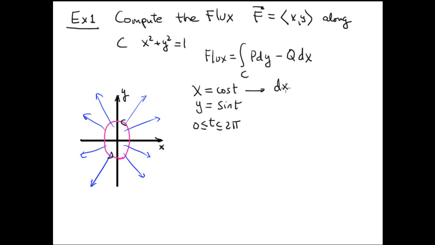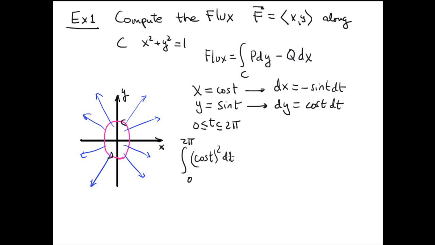Therefore, dx is equal to minus sine t dt, and dy is cosine t dt. Plugging it into the formula, the integral goes from 0 to 2 pi in the parameter t. P is x, and x is cosine t, multiplied by dy, which is cosine, another cosine, so cosine square dt, minus Q dx. According to the formula, it's minus.